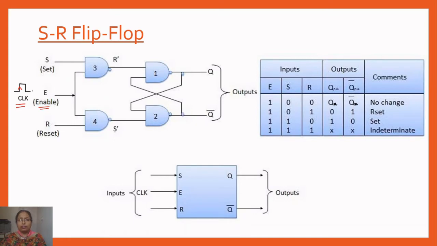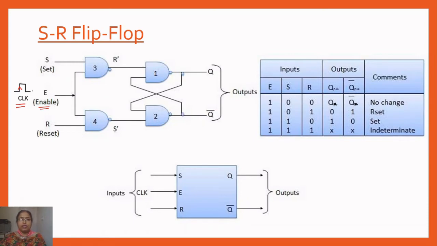For the level and the negative edge, this SR will act as a closed circuit. So in spite of the input available at the S and R inputs, if the clock is not enabled, this flip-flop will not give any output, or no change can occur at the output.